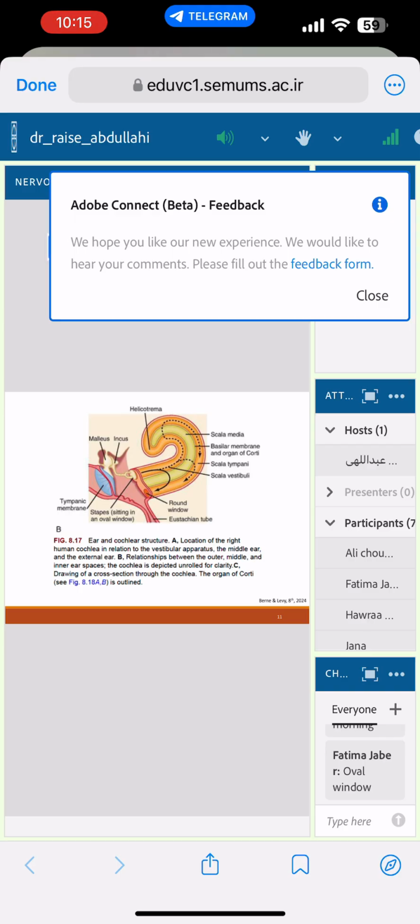Thank you so much. As you can see, the oval window is the opening of this window, and this window is connected to the cochlea. Cochlea is just like a snail, okay?